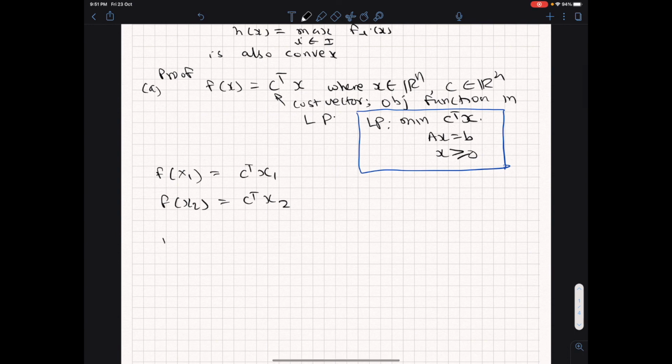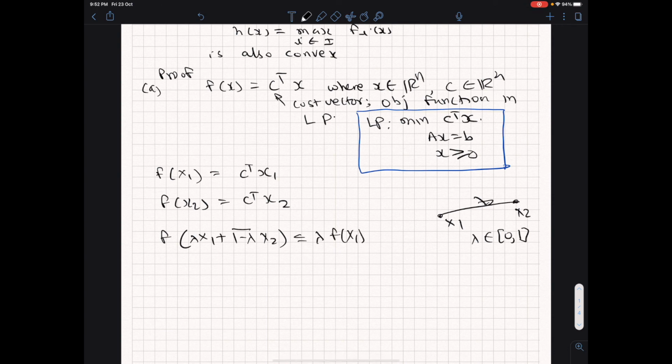Now take a point anywhere on the line segment joining x1 and x2. So you have this point here, which is given by lambda x1 plus 1 minus lambda x2, where lambda comes from the closed interval 0, 1, and you have to show that f of this is less than or equal to lambda times f of x1 plus 1 minus lambda times f of x2.